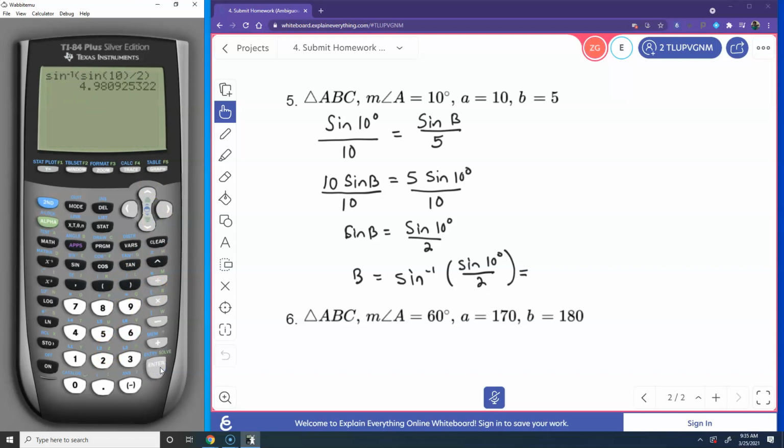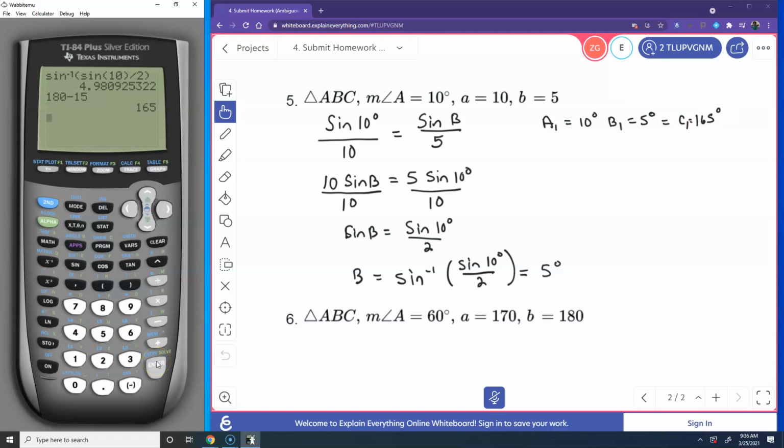And I get 4.9, which is 5 degrees. So for my first possibility, I have 10 degrees. And then my second angle is 5 degrees. So I'm looking at 15, 180 minus 15. That gives you 165, so that's the first triangle.